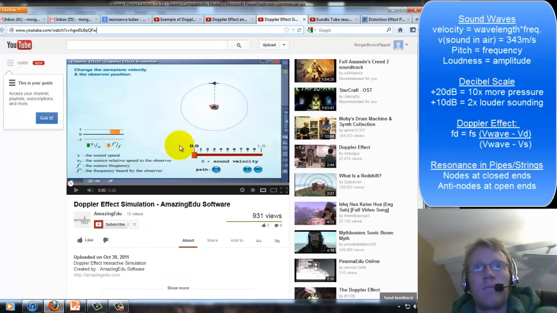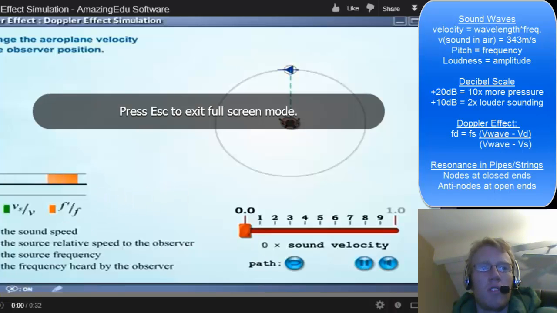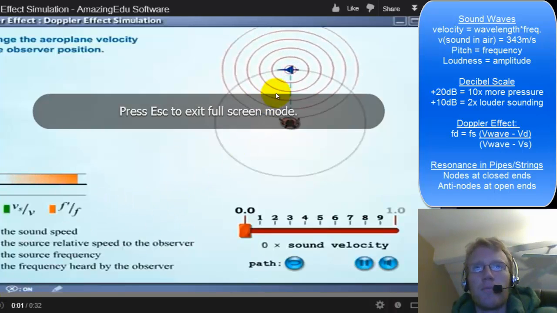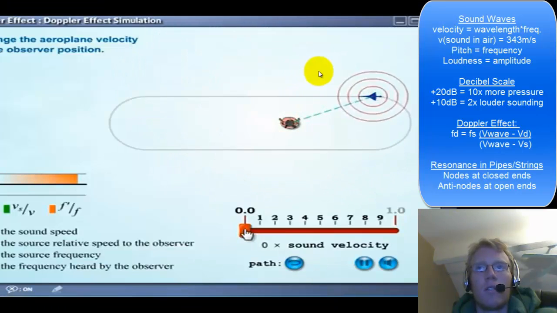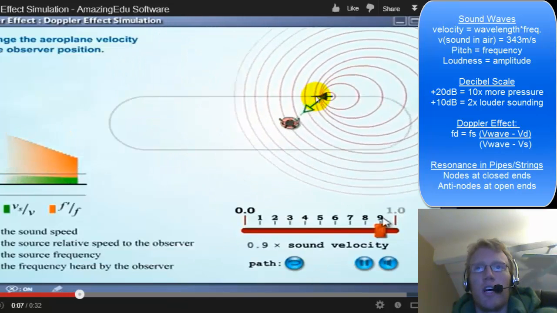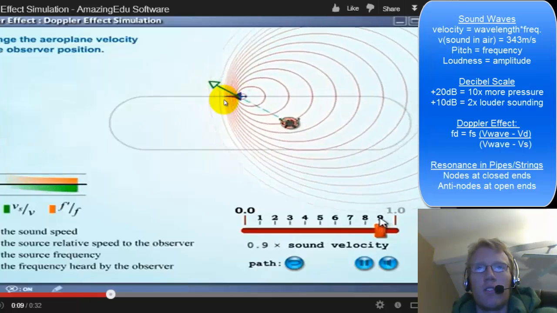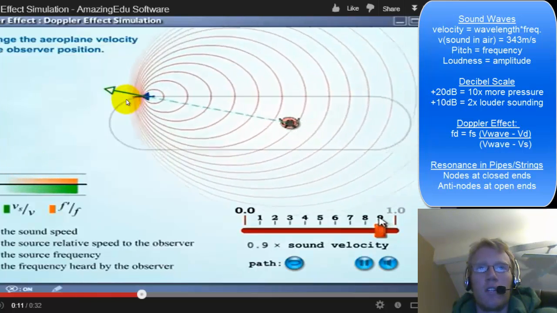And the next one is just another audio visualization of a plane moving towards an observer. Change the airplane velocity and the observer position. So it's coming towards you here, and it goes away. You should hear a lower frequency, and then turn.